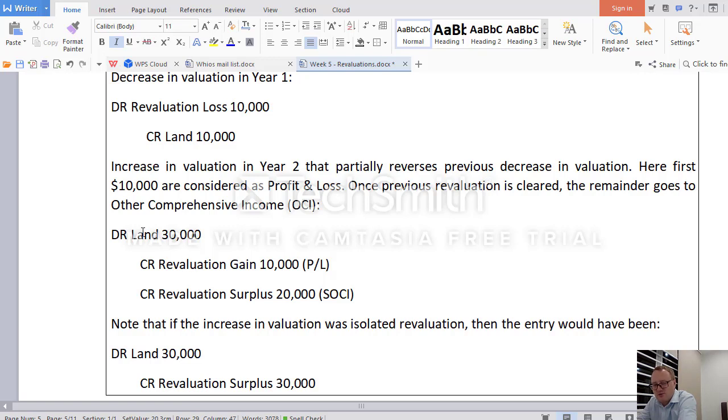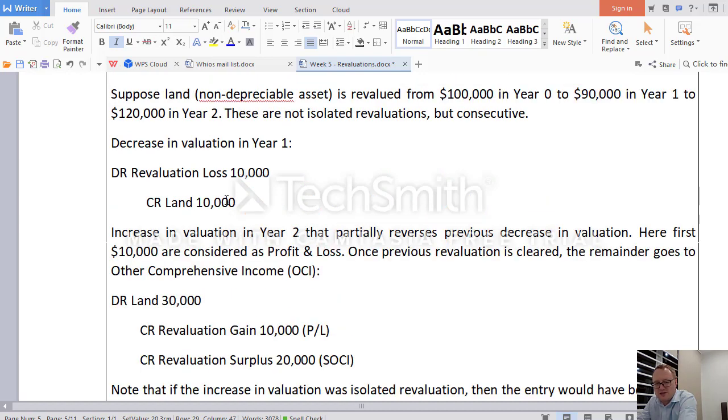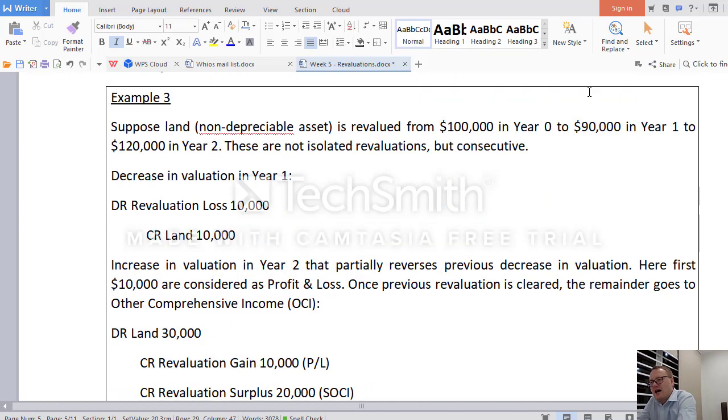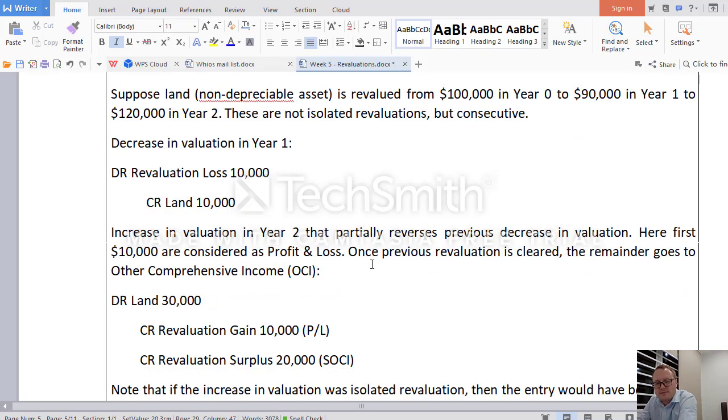Yes, we increase the value of land by 30,000 from 90 to 120. But when you move from 90 first to 100, you are reversing the original decrement. Originally we had a decrease of 10,000. Now from 90,000 up to 120, you first reverse the original decrease of 10. And this reversal is not a genuine increase. It's just a reversal.